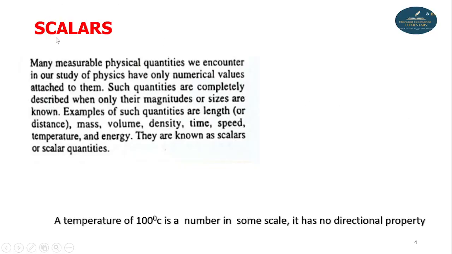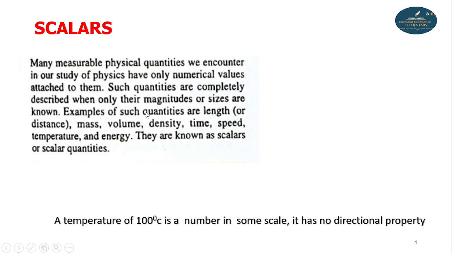Many measurable physical quantities we encounter in our study of physics have only numerical values attached to them. Such quantities are completely described when only their magnitudes or sizes are known.